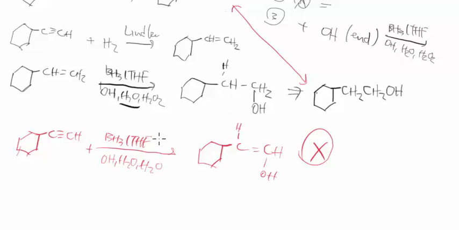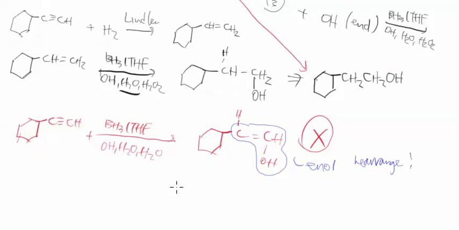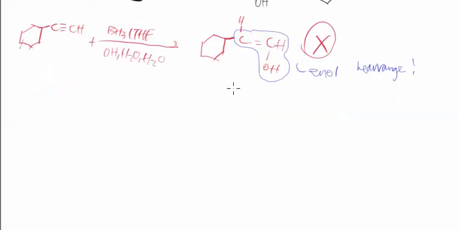You don't want to do this first, because if I take a look at this functional group that I have created, this is an enol, and this enol will rearrange on me. So if I choose this route, and it looks like a possibility in the very beginning, this molecule would rearrange before I had a chance to add my other reagent to break that double bond to a single.